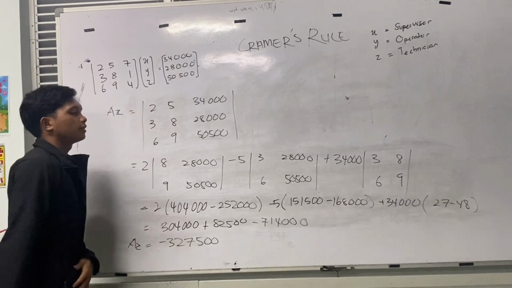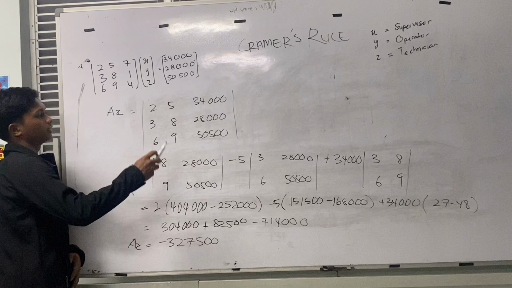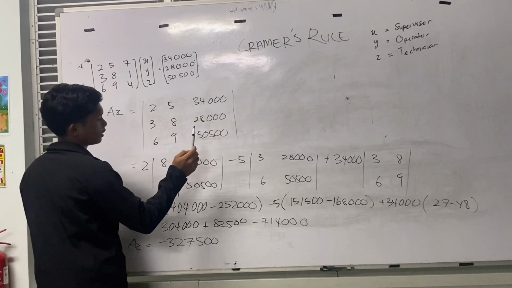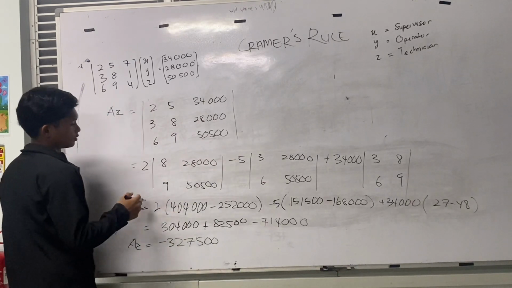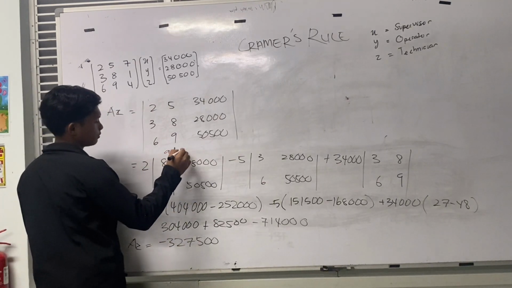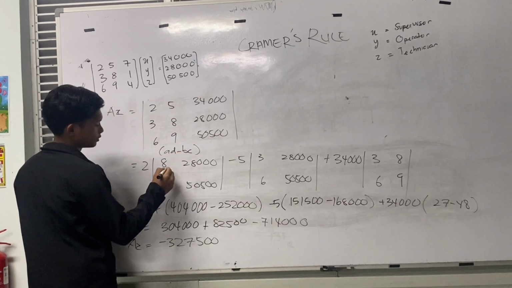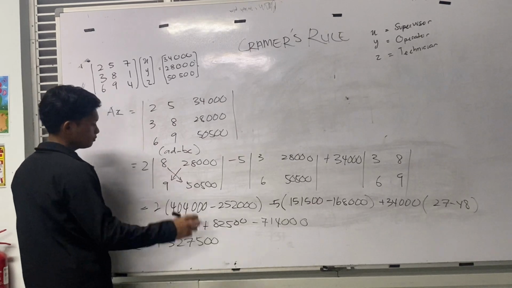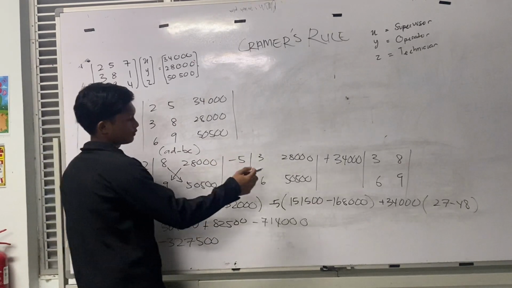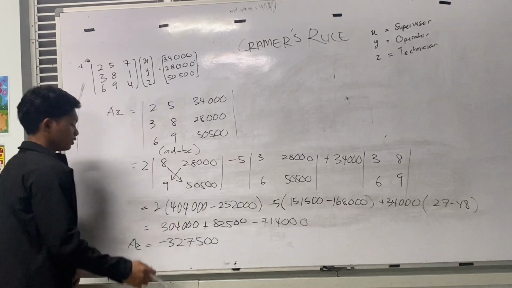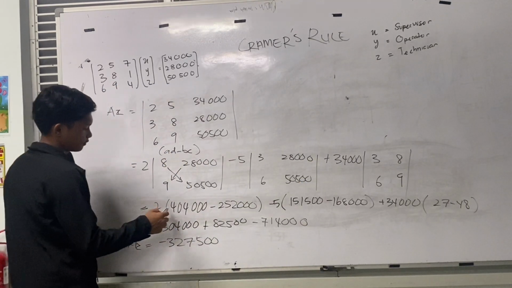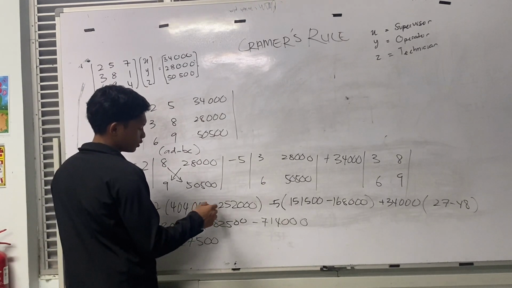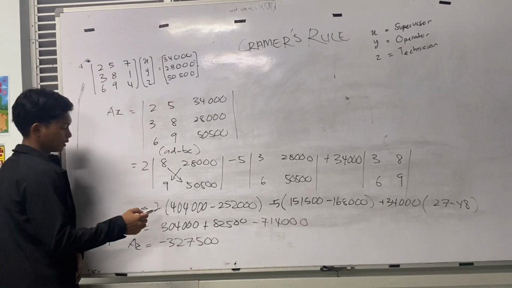So the same method we are using for the AZ. We got here 2, 5, 24,000, 3, 8, 28,000, and 6, 9, 50,500. The same method we use is AD minus BC for this column. So AD and then BC. Same for the negative 5 and then for the 34,000. So we will get 404,000 minus 252,000, multiplied by 2.